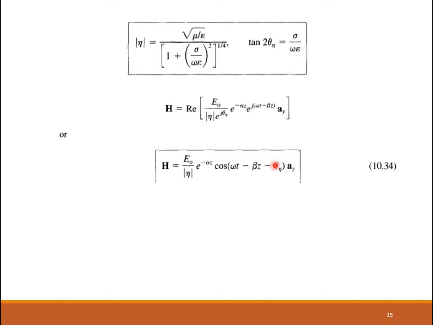That is, E and H are out of phase at any instant of time due to the complex intrinsic impedance of the lossy dielectric. So far, the equations for the constants and the equations for E and H were due to the lossy dielectric alone. I hope it's clear till here.